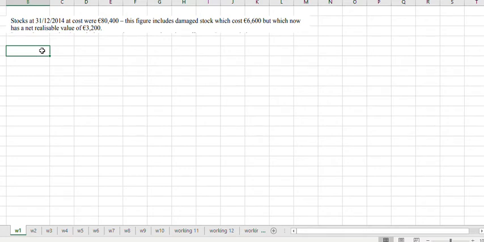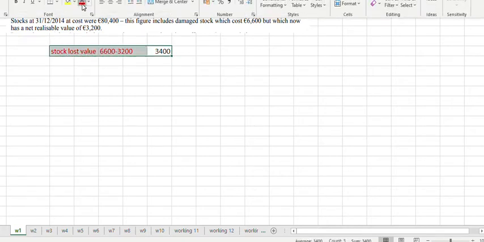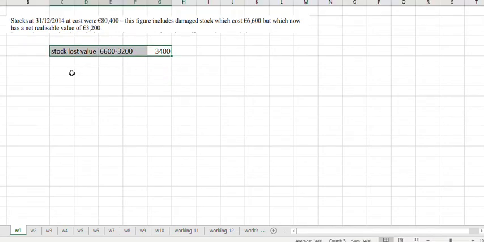At the 31st of the 12th, stock at cost was 80,400. This figure includes damaged stock, which cost 6,600, but which now has a realisable value of 3,200. So stock has basically lost value of 6,600 minus 3,200, which is 3,400. You take that 3,400, the lost value, away from the 80,400.